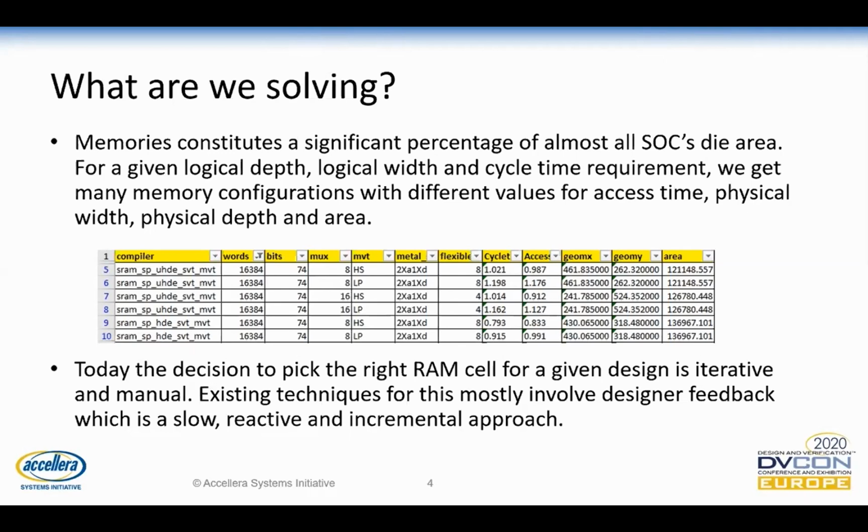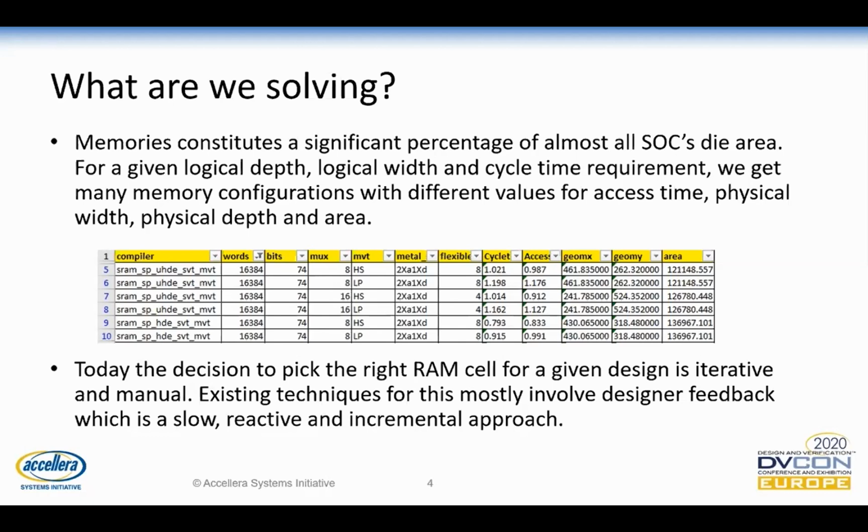Today, the decision to pick the right RAM cell for a given design is iterative and manual. Mostly the decision is random and taken by logic designers who, with all due respect, do not much care about the physical design issues at this stage. Physical designers encounter issues very late in the design.